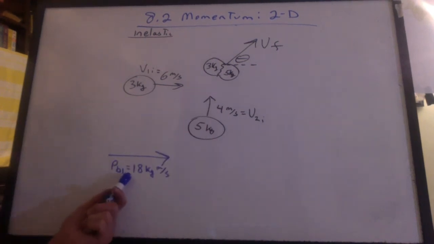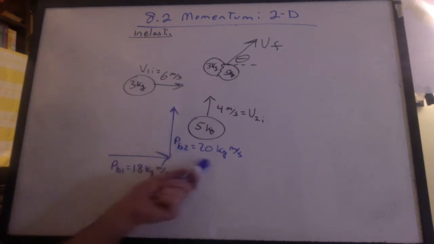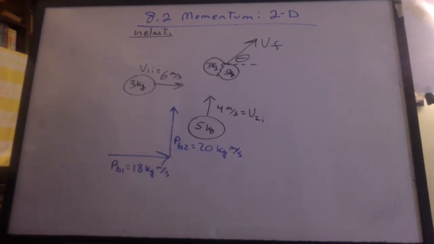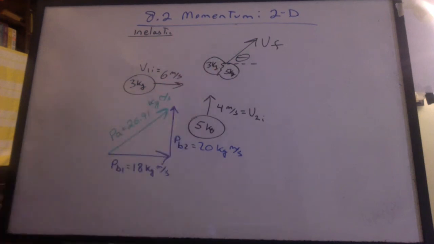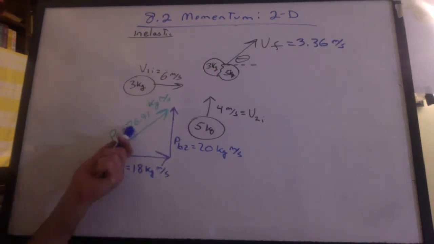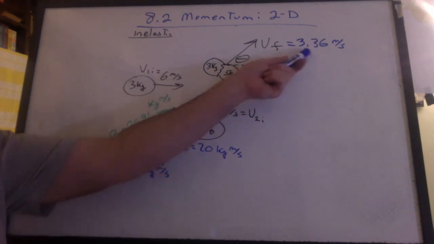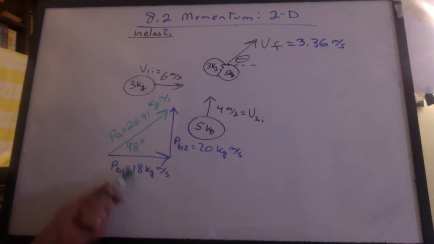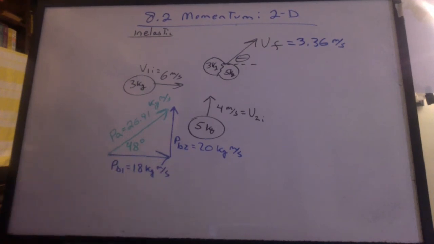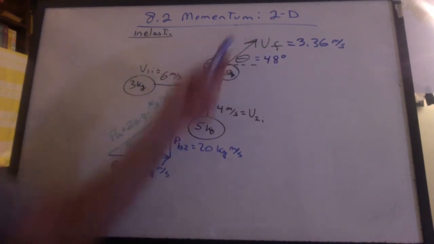You should have 18 kilogram meters per second for the first object, 20 kilogram meters per second for the second, and I get 26.91 kilogram meters per second for this hypotenuse. Well, that's the momentum of the final object. Divide by the mass of 8 kilograms, and I get 3.36 meters per second. Inverse tangent, I get 48 degrees, and that's where the wreck is heading.